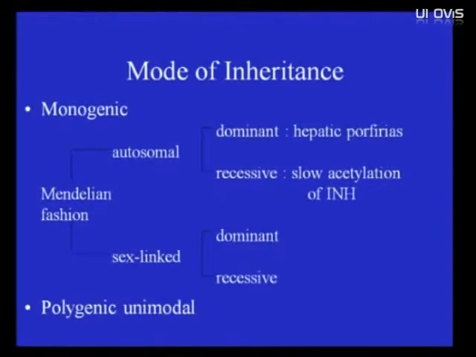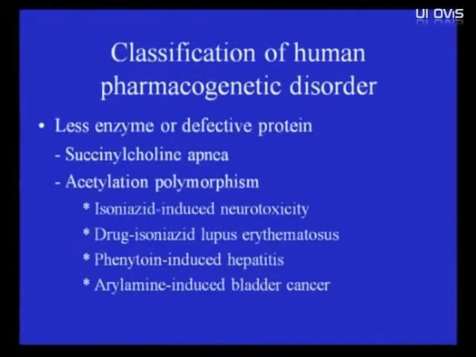This monogenic or Mendelian fashion can be autosomal or sex-linked. The autosomal can be dominant, like in hepatic porphyrias, or recessive, as in slow acetylation of isoniazid. And the other one is sex-linked, which can be dominant or recessive.